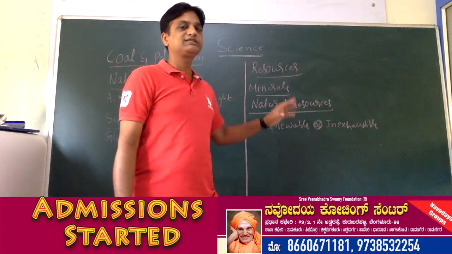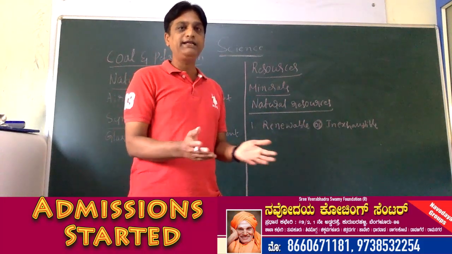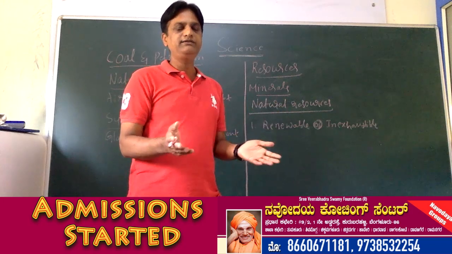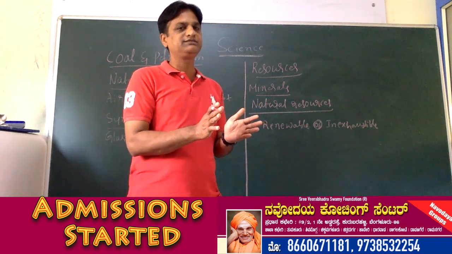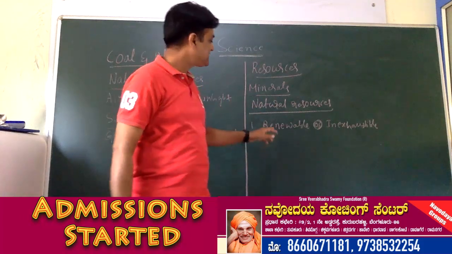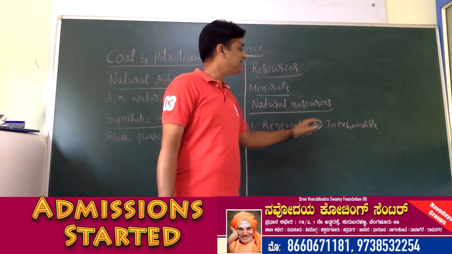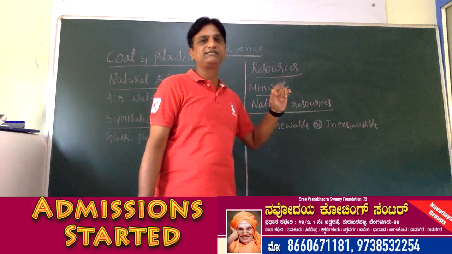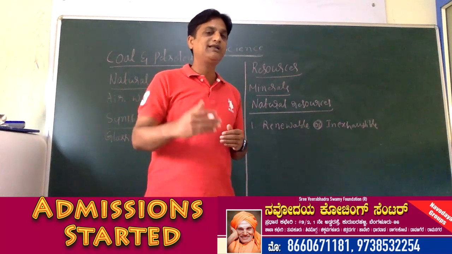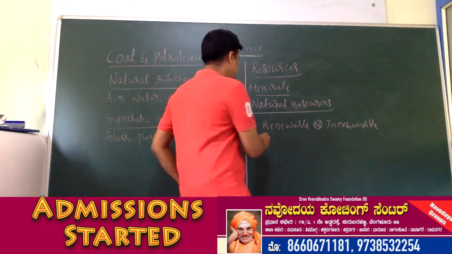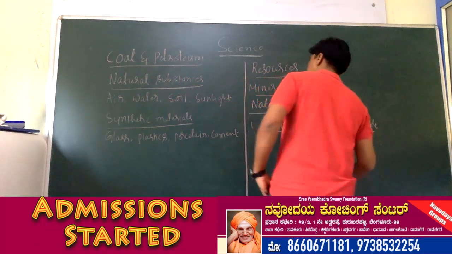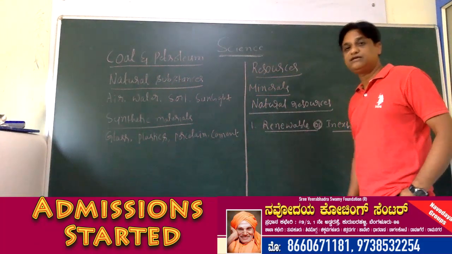Resources which are available in plenty, unlimited, and even after their usage are not going to get exhausted, are called renewable or inexhaustible resources. They are going to be replenished in nature. So which are the examples for renewable or inexhaustible resources?